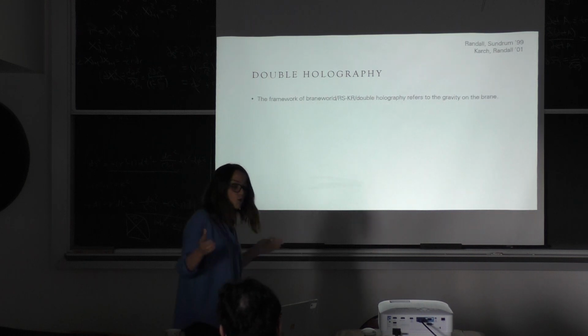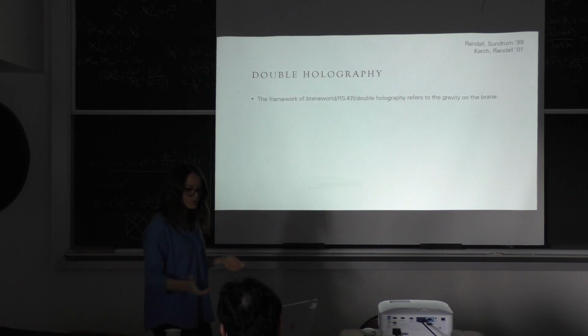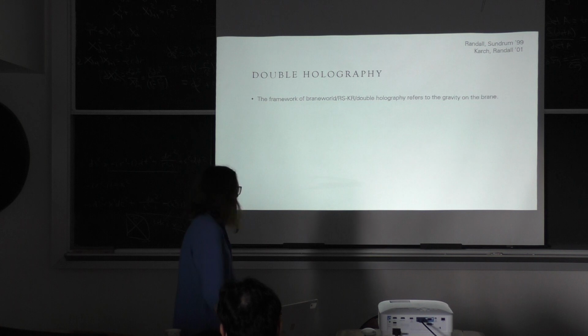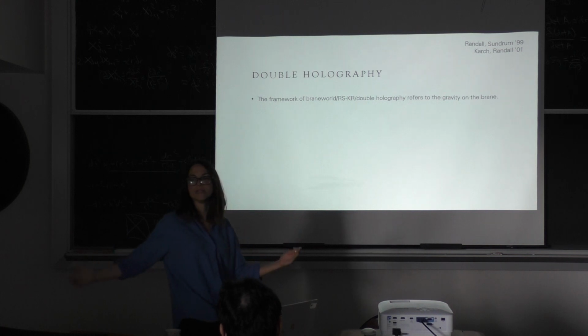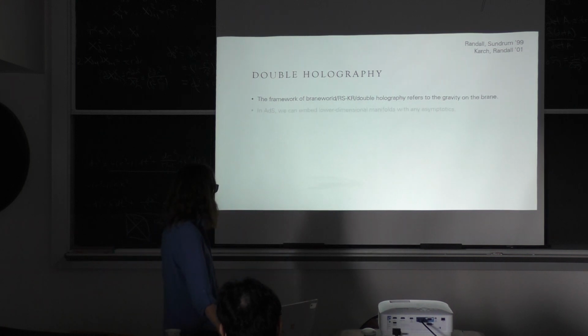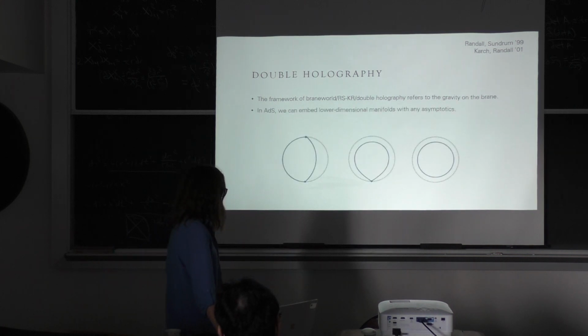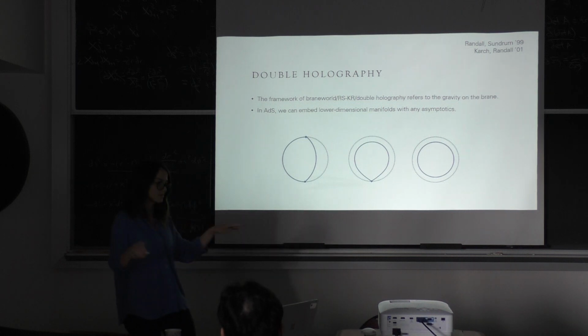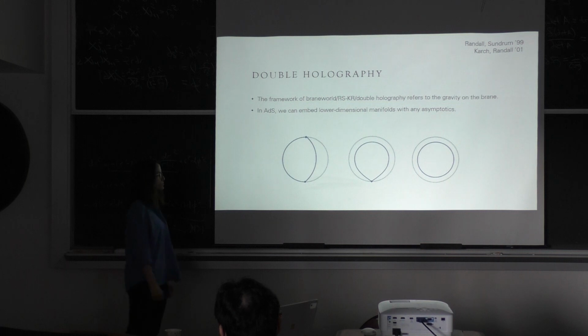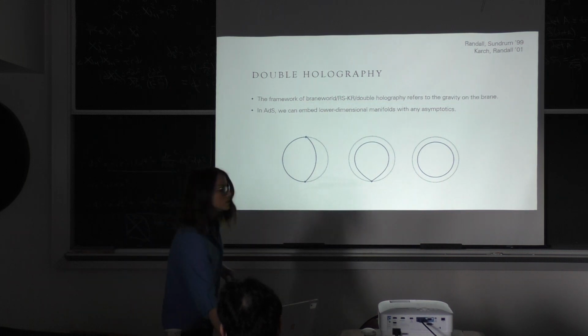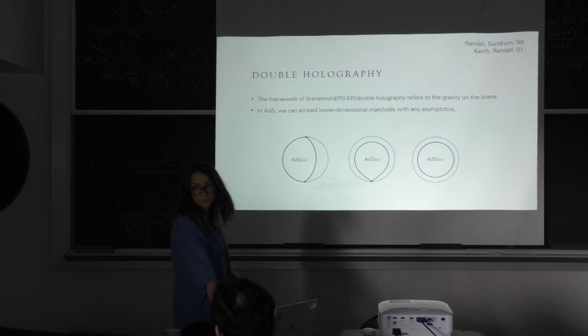Double holography is also known as brane-world holography, or Karch-Randall, Randall-Sundrum holography. It refers to basically just having some sort of a brane embedded in a higher dimensional AdS space. Given that we know of three types of asymptotics, these are the three types of branes that we can embed in AdS. The middle region is the higher dimensional AdS spacetime.